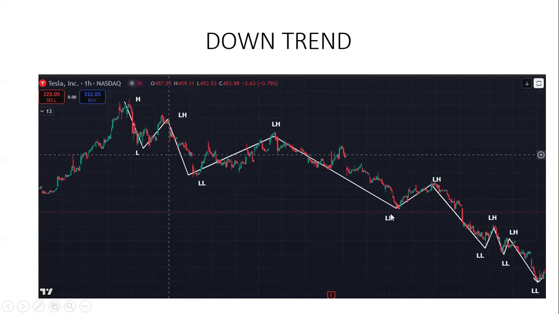Again it comes down to make a lower low, then a pullback with a lower high, then lower low, lower high, lower low, lower high, lower low. So it keeps on following this pattern of high, low, lower high, lower low, lower high, lower low, till that downtrend is continued.